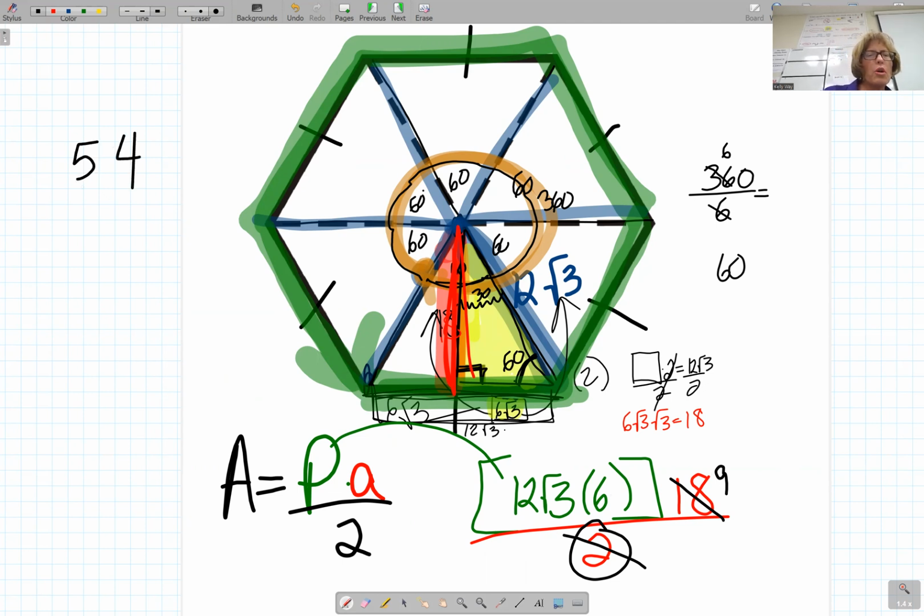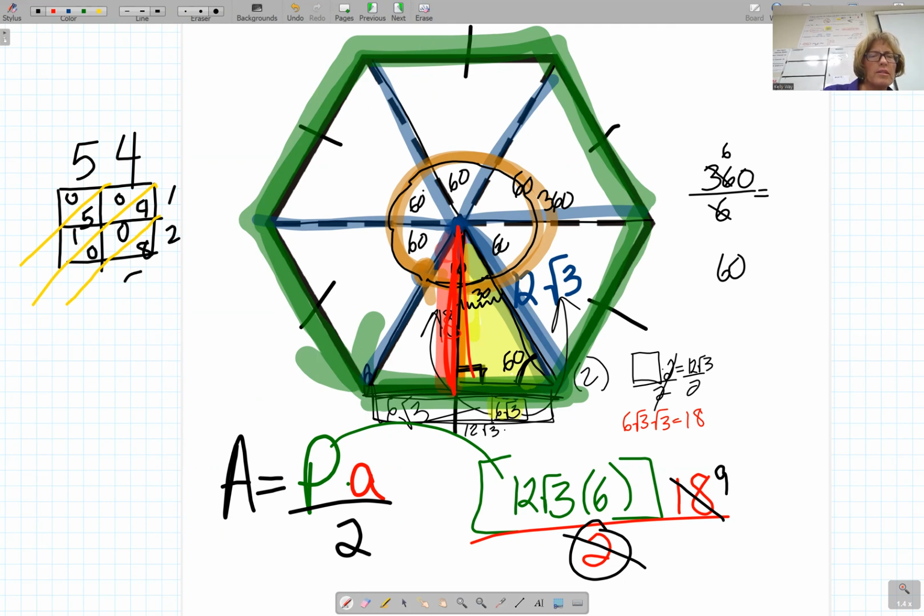And then 54 times 12, I'm going to do that using lattice. 4 times 1 is 4. 5 times 1 is 5. That's a 0 and a 5. That's a 0 and a 4. 4 times 2 is 8. 0 and 8. And 2 times 5 is 10.